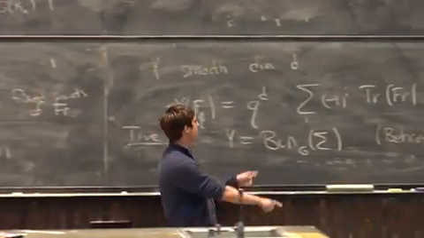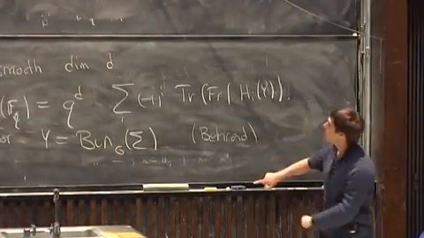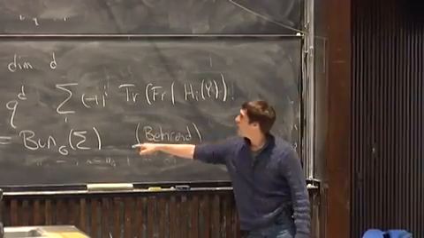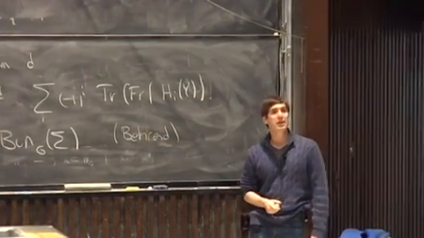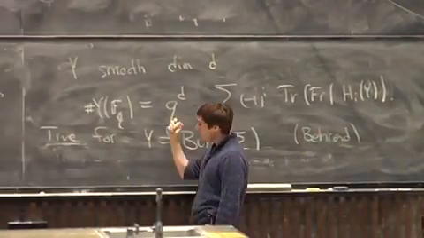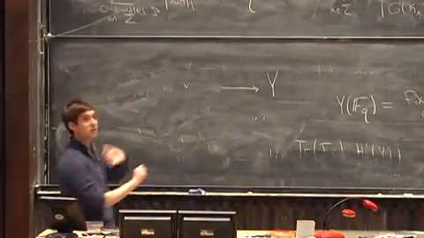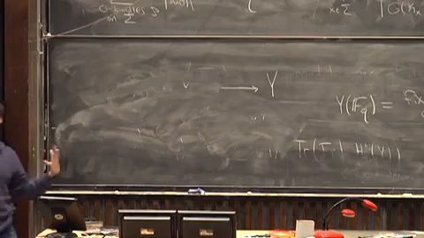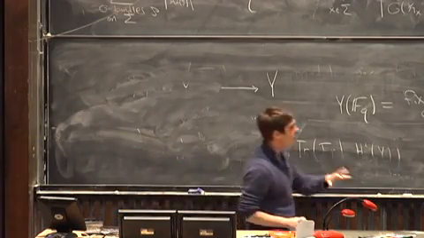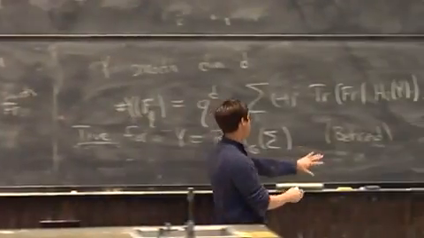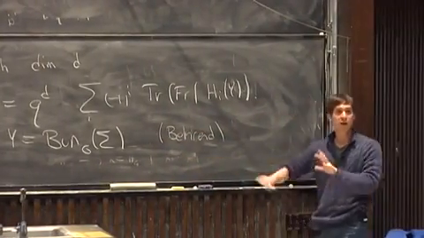And this thing actually ends up also being an infinite sum because Bun_G has homology in infinitely many degrees. So the statement is that both of these expressions, which are potentially infinite sums, are convergent sums, and they converge to the same thing. And dealing with that convergence is exactly what makes this more difficult than the usual Lefschetz trace formula.